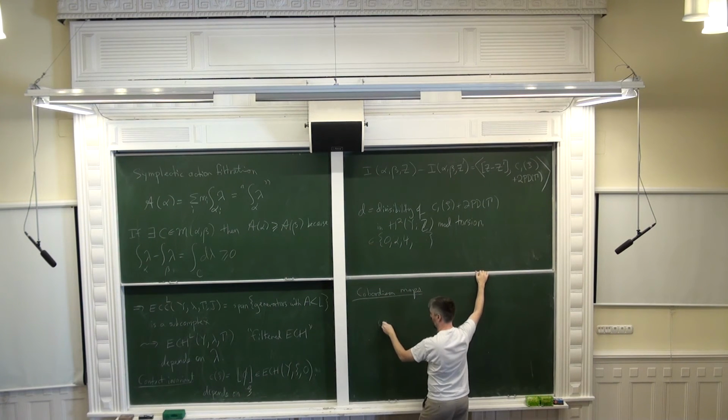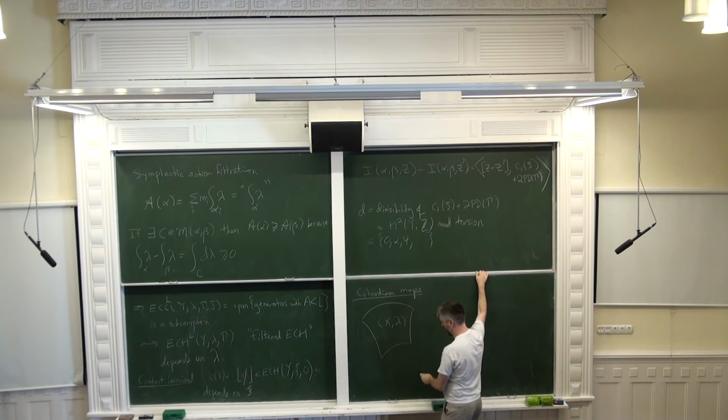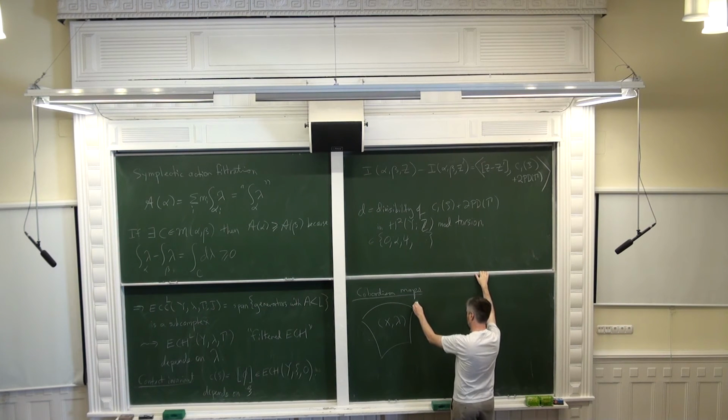So we can actually do cobordism maps in a much more general setting than this. So the simplest setting is with exact symplectic cobordisms.